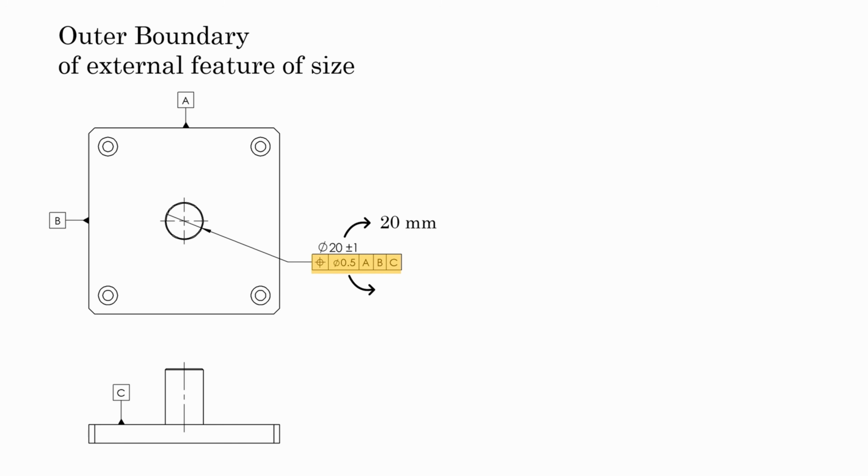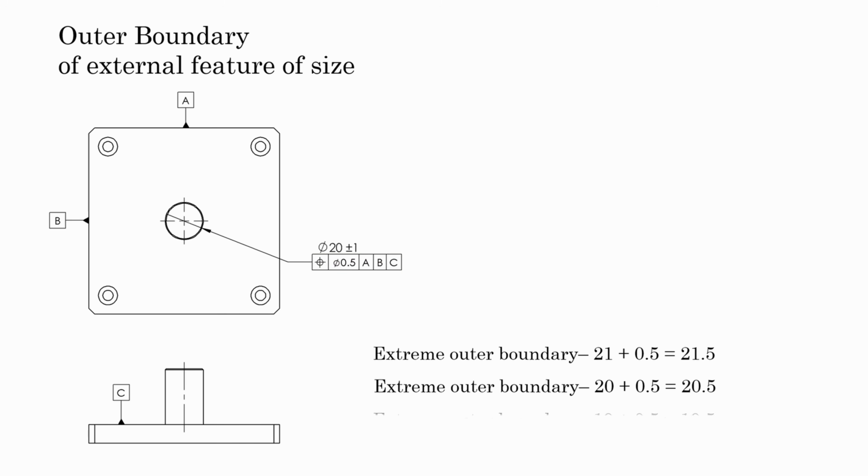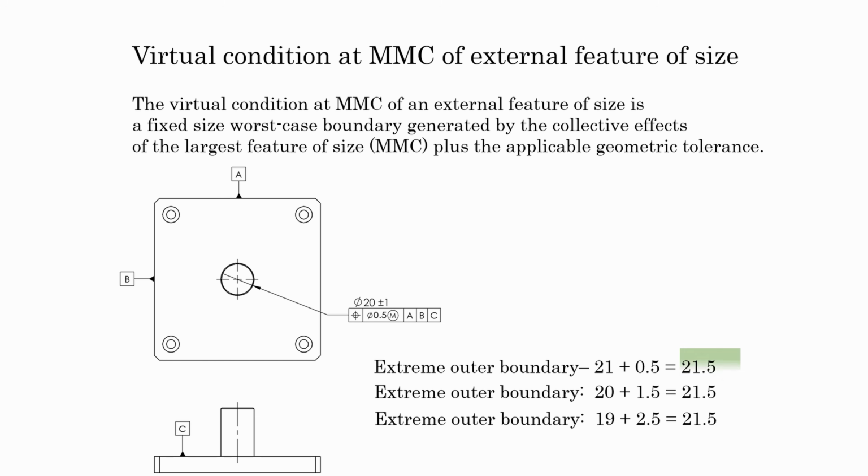It's regardless of feature size. So the position tolerance will remain the same, 0.5 mm, and the outer boundary would be 20 plus 0.5, 20.5 mm. At 19 mm, the outer boundary would be 19.5 mm. This means the outer boundary is a variable worst case boundary, while the virtual condition is a fixed boundary.